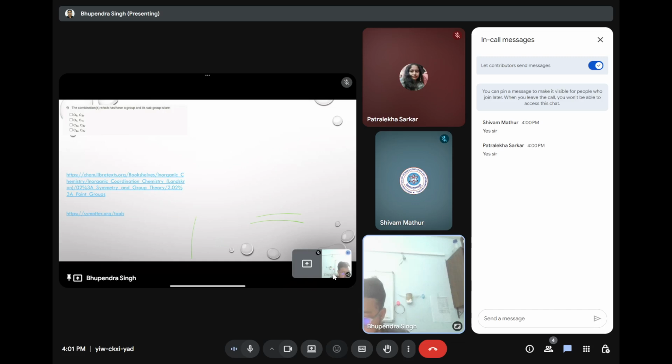So the question is the combinations which have a group and its subgroup is an or R. So try to solve it, Patlika and Shivam.